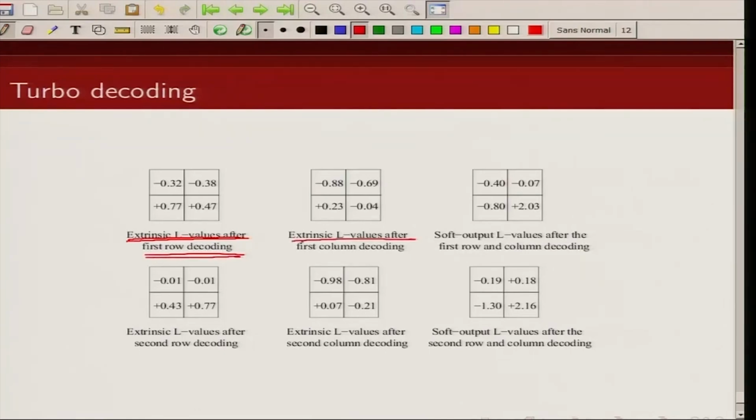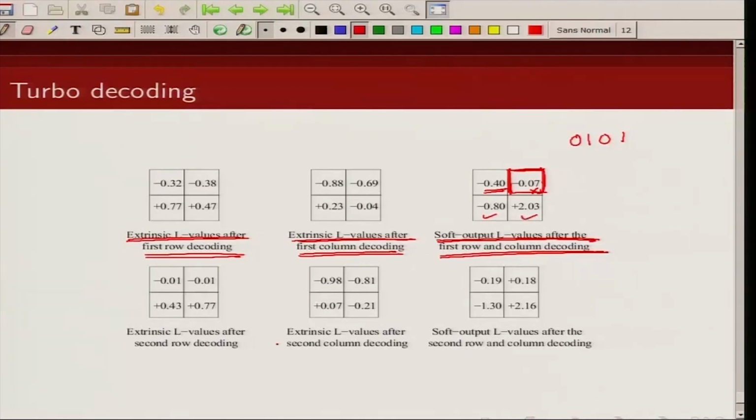This is the extrinsic information after decoder 2, and this is the APP value after decoder 1. Note that I have transmitted 0, 1, 0, 1. So there the sign is okay, there the sign is not okay. After the first decoding this is in error, this sign is okay, this sign is okay.